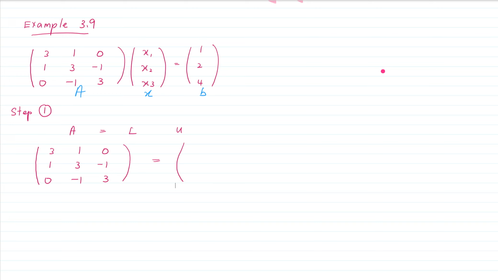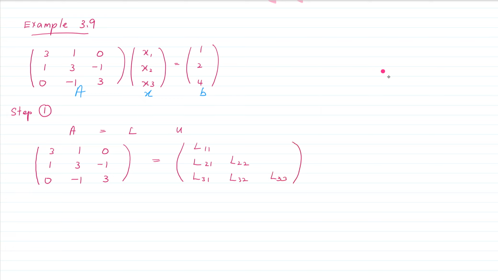So we have L11, L21, L31, L22, L32, L33.